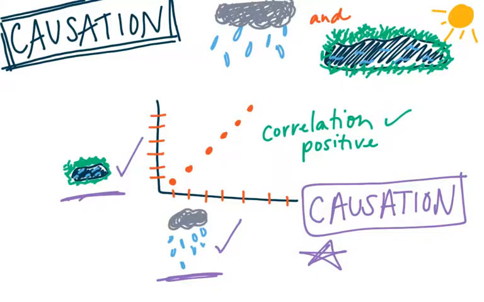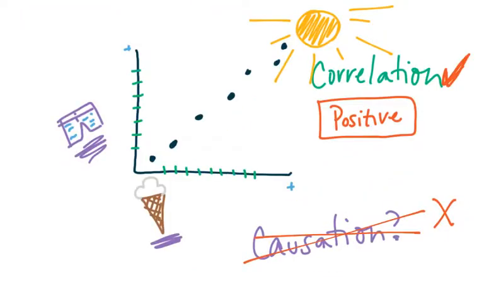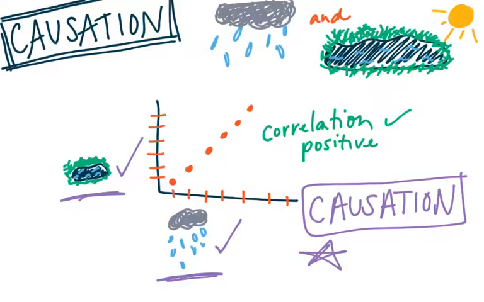Causation happens when one thing causes the other thing to happen. When we go back to our ice cream sales and our bathing suit sales, ice cream didn't cause people to buy bathing suits. There was a pattern, it was correlated. As ice cream sales increase, bathing suit sales also increase. So there's absolutely a pattern between them. But ice cream does not cause bathing suits to be sold. In this situation, scientifically, the more rain that comes to the ground means that there's going to be more water in our lake. So this has causation.